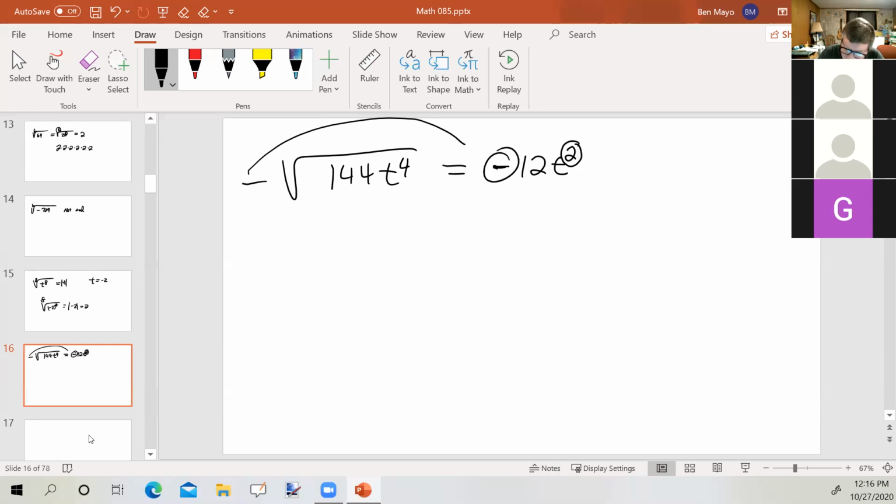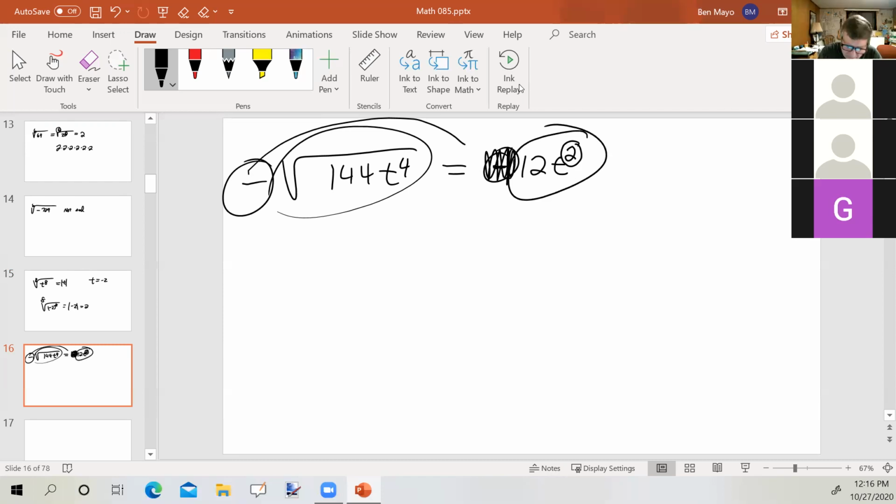Now, this negative has nothing to do with it because that's outside of the radical. This right here has to be positive, but then we apply that negative. And t squared can't be negative because a negative times a negative is still going to be positive. So we don't need it there. I know. Is your brain hurting a little bit? Yes. Okay, hopefully not too much.